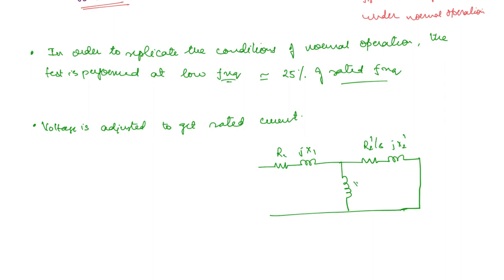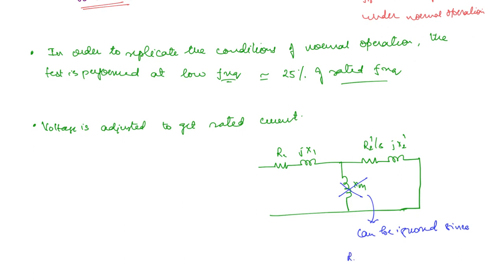Now since the slip is 1 here, this impedance will be much lesser than the magnetizing reactance. So all of the current will flow through this R2 dash by S and jX2 dash. So in the locked rotor condition, you can ignore this Xm.